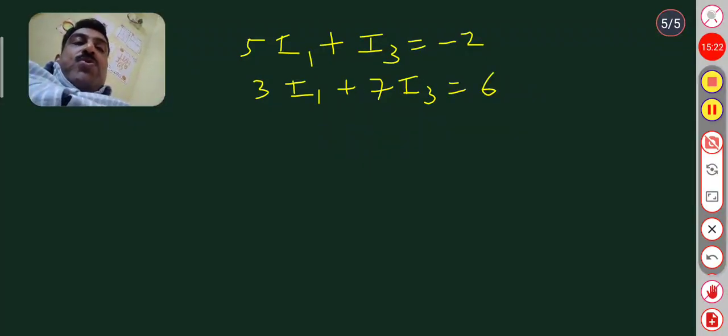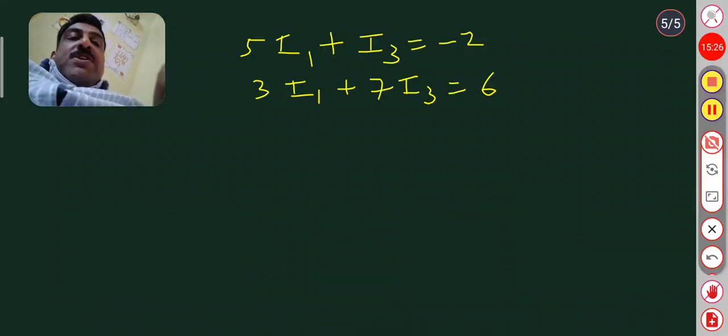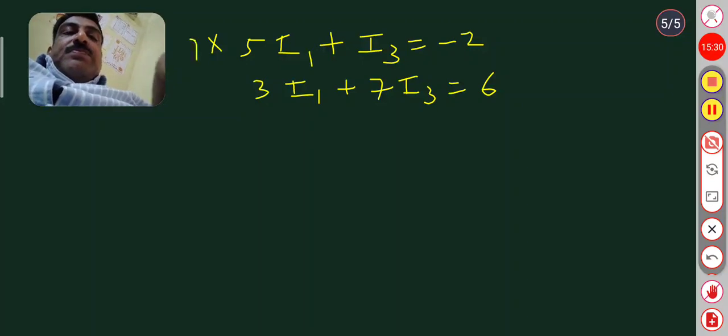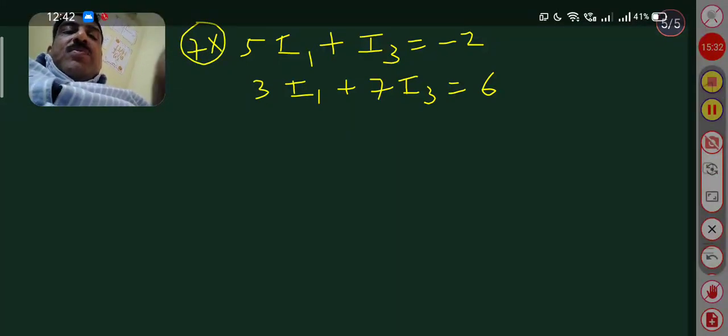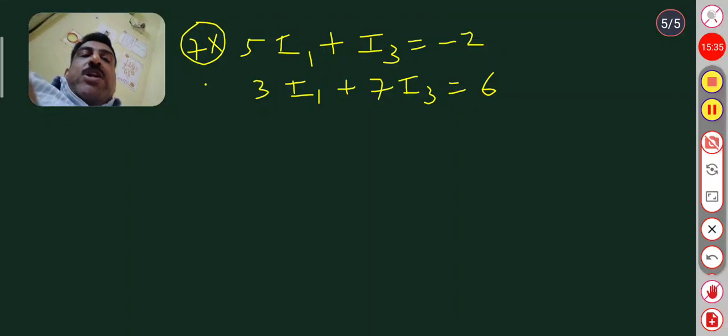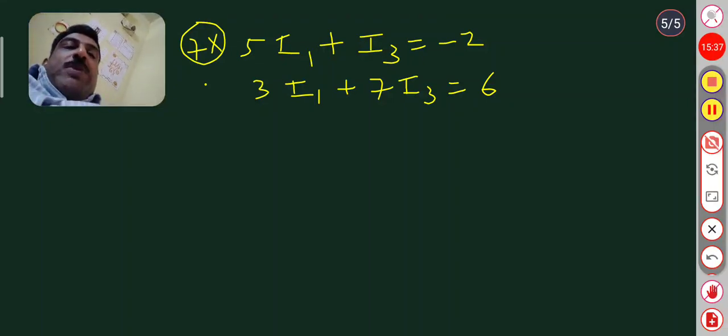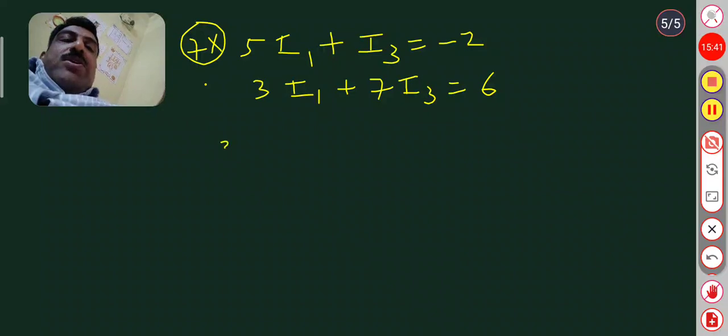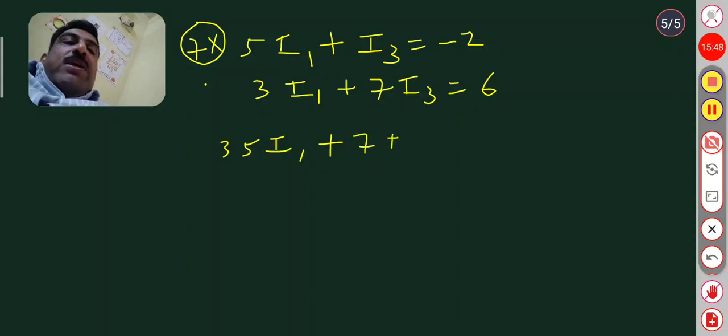So what I'm going to do is multiply the first equation with 7. So it will become 35I1 plus 7I3 is equal to minus 14.